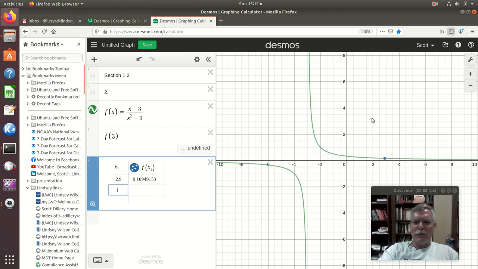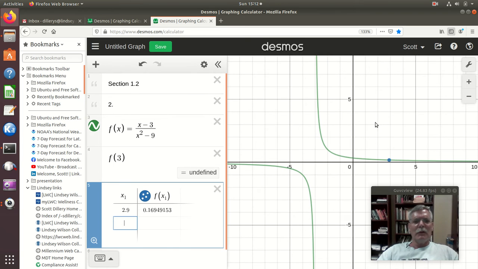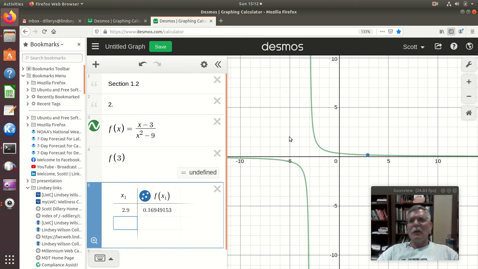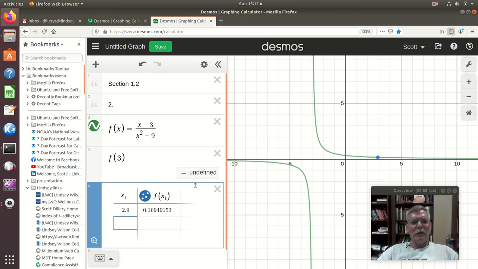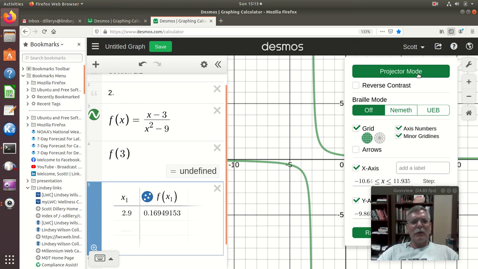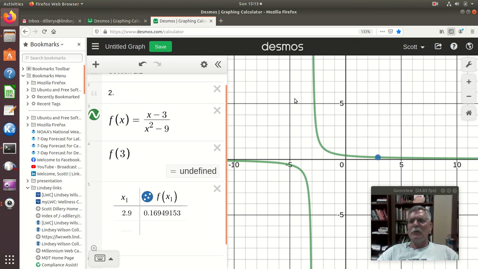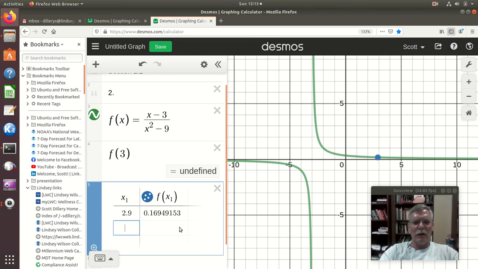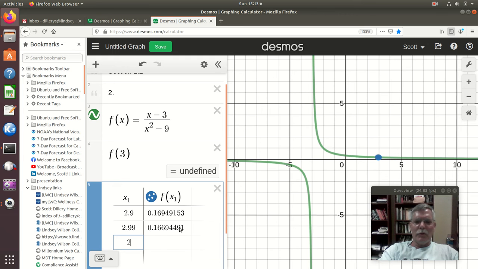Let me make this just a little bit bigger, this over here. I suppose I could also go to projector mode, and that makes it easier to see. I can do 2.99, 2.999.